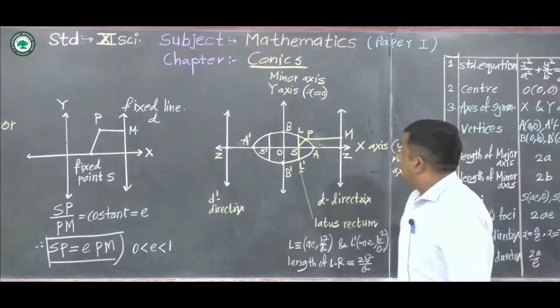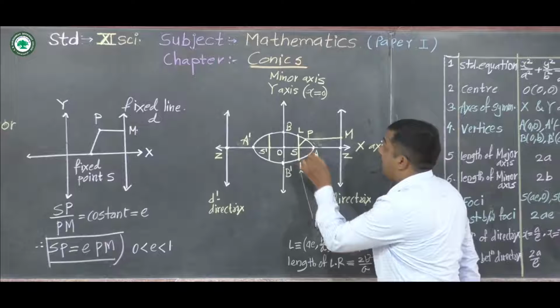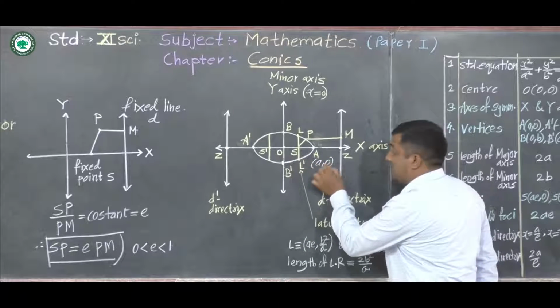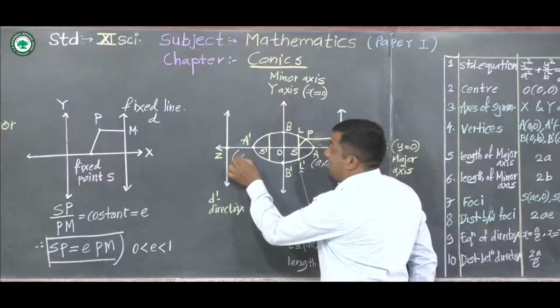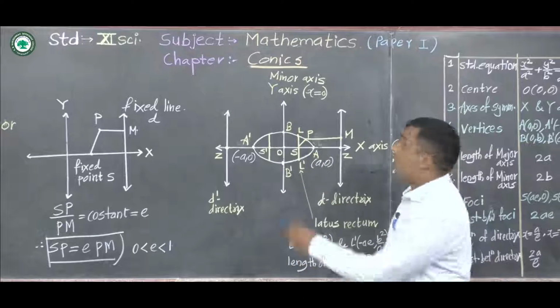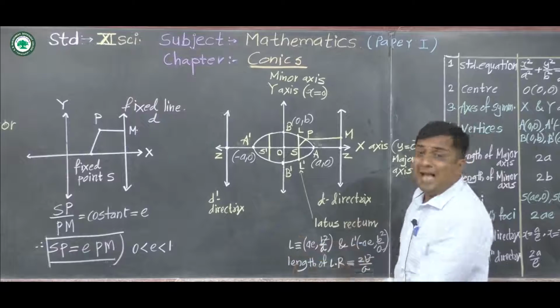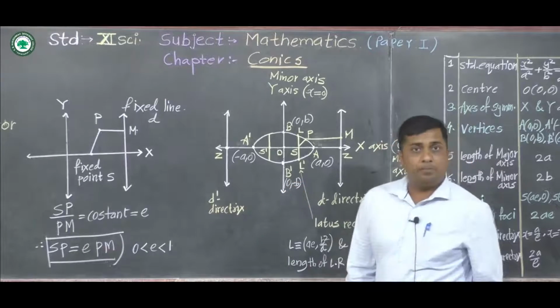The distance OA, that is the coordinate of A, we consider as (a, 0), and for A dash the coordinates are (minus a, 0). For B our coordinates are (0, b), and for B dash we consider (0, minus b).